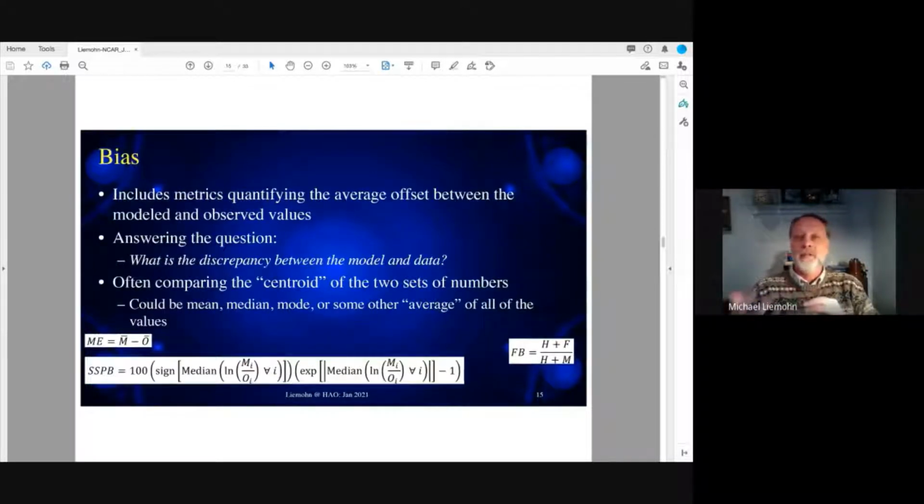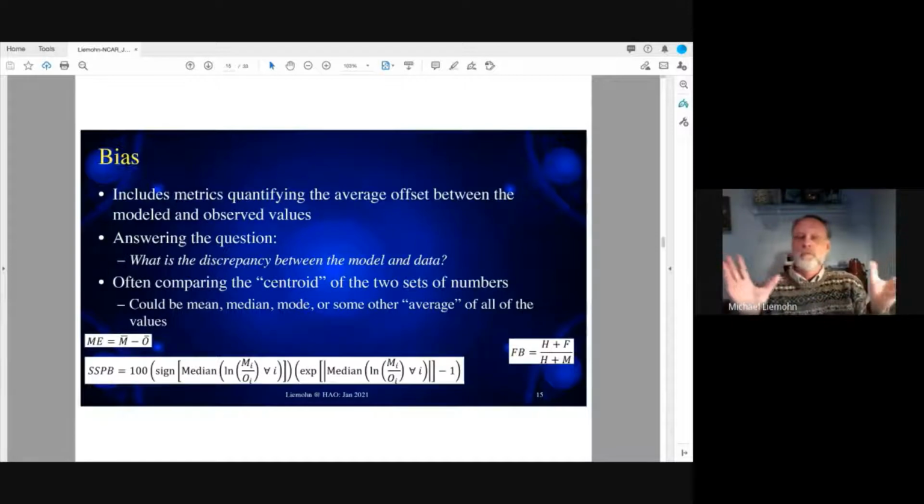Another one is bias. Thank you, Josh, for mentioning ME. ME is in bias. This is really looking at the discrepancy between the two number sets, and whether the centroids of the two number sets are the same. This is often characterized by the arithmetic mean, but it doesn't have to be.